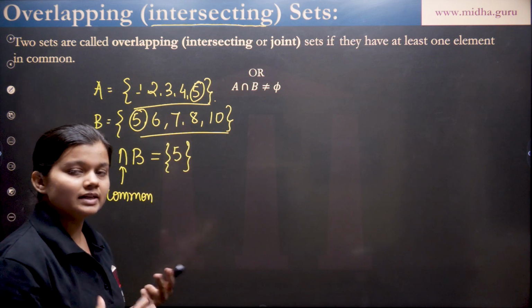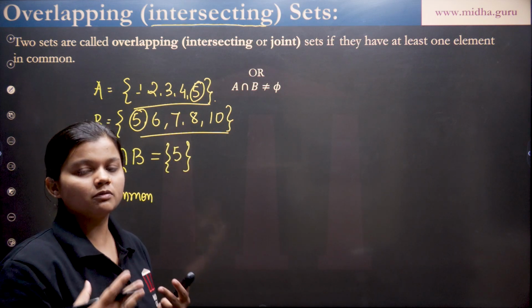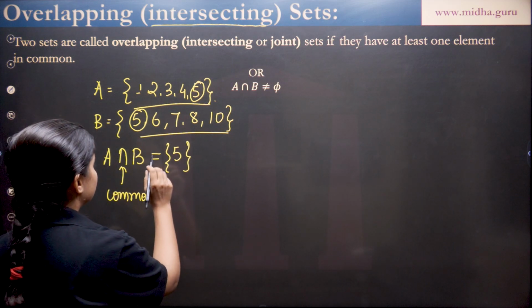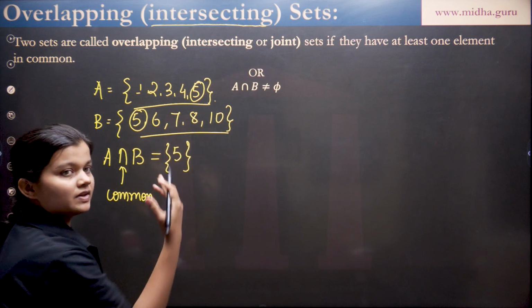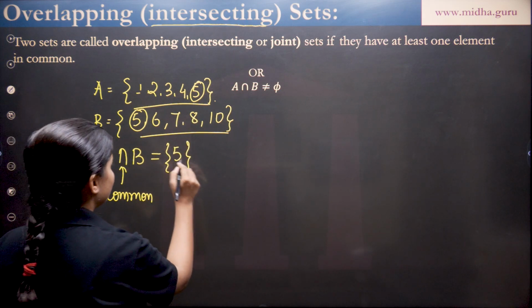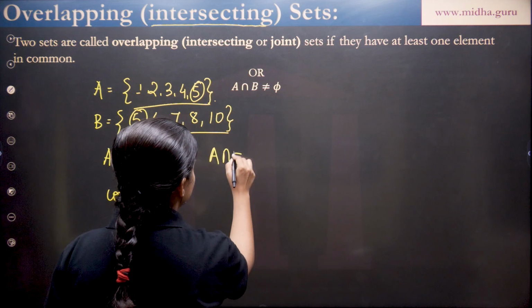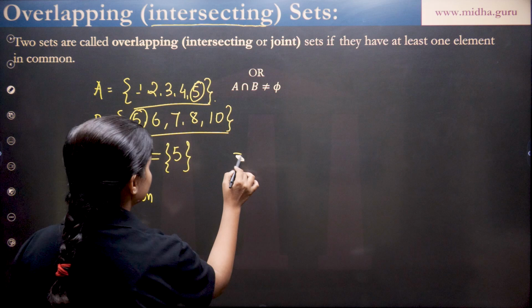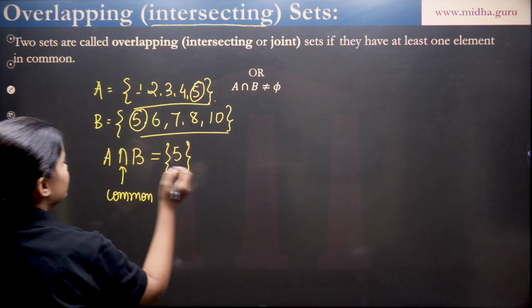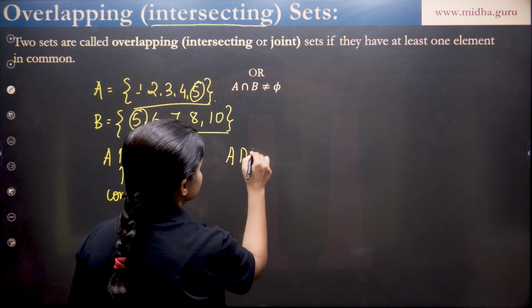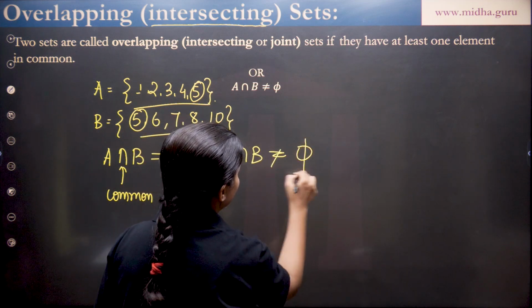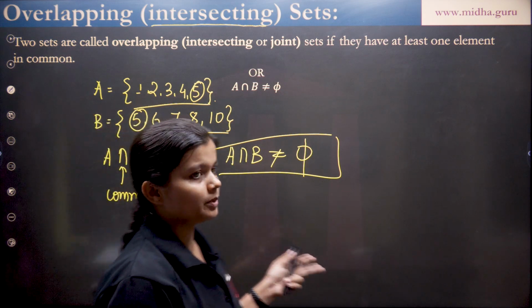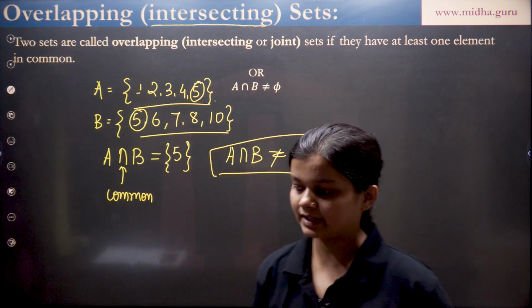So if there is at least one common element between the given sets, then we can say that the given sets are overlapping sets. So here we can also say that A intersection B is not equal to the empty set, then the sets are said to be overlapping or intersecting sets.